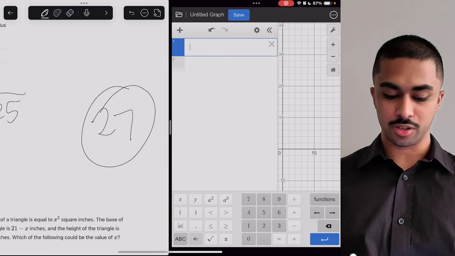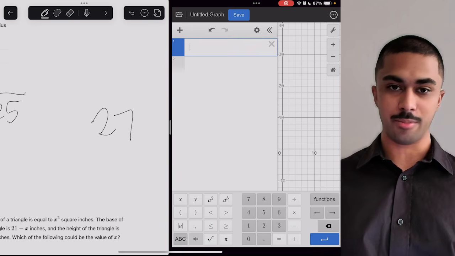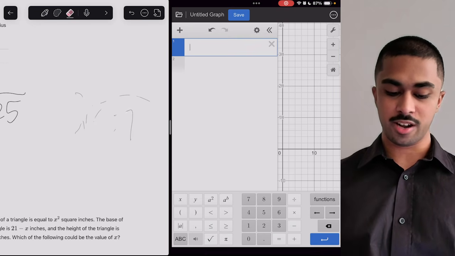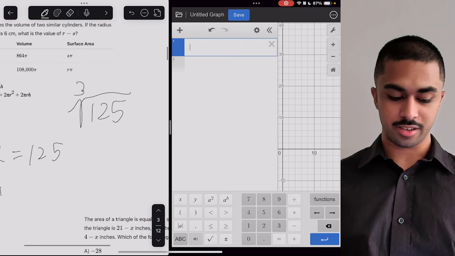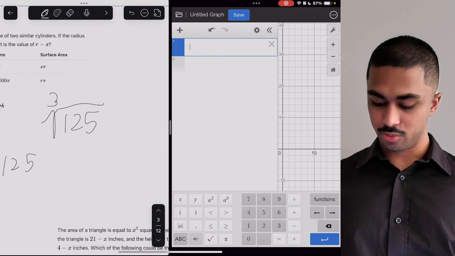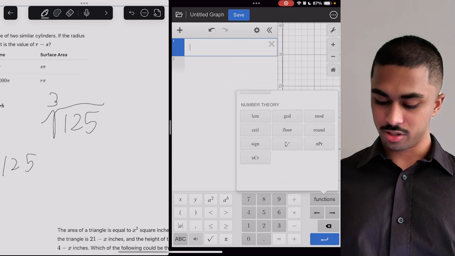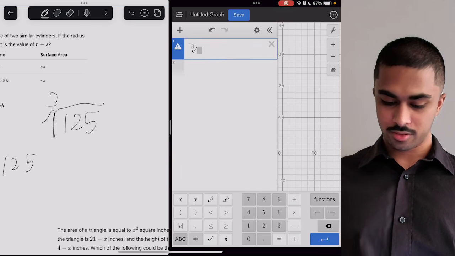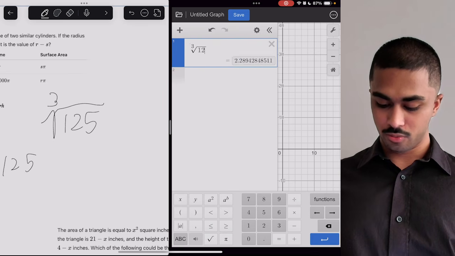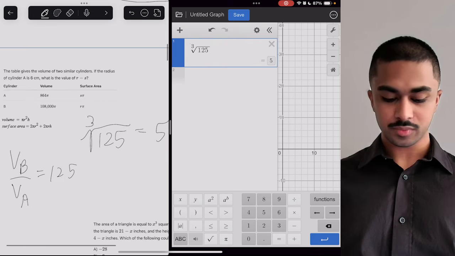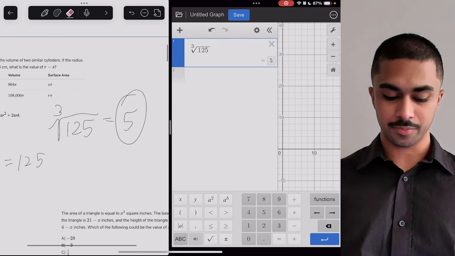The volume of the cubes was 27 times of a difference. That was 3 cubed. So to find the scale factor, we need to take the multiple of the volume and take the cube root. Functions, go all the way down. Let's press this. Cube root of 125 is 5. 5 is our scale factor.